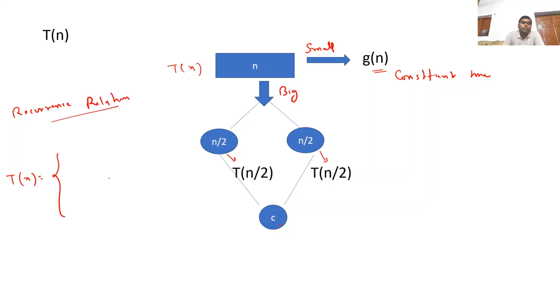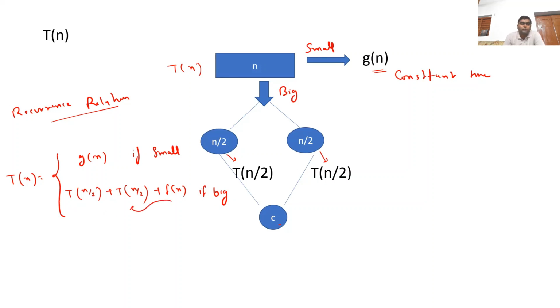G of n is constant time if the problem is small. Otherwise, T of n by 2 time plus T of n by 2 time plus some function, let us suppose f of n. This is the case if the problem is big.